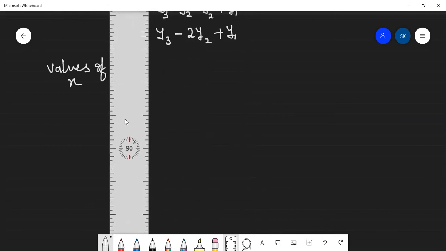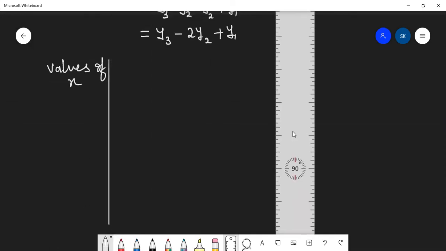We had values of x. Then I had values of y. Then I'll have first differences, the first forward difference.